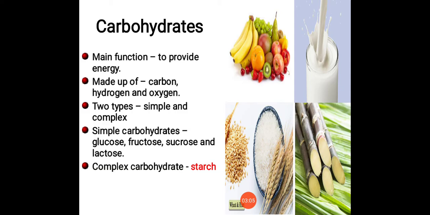For complex carbohydrates, starch is the example. Glucose and fructose are found abundantly in ripe fruits. Sugarcane contains sucrose, while milk contains lactose. Rice, wheat, maize and potatoes are rich in starch.